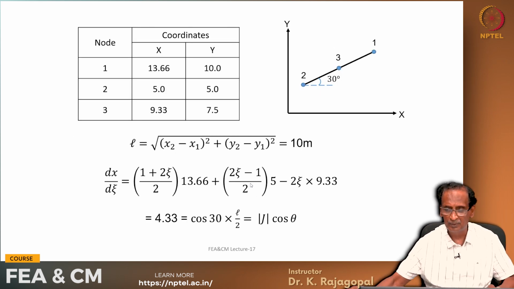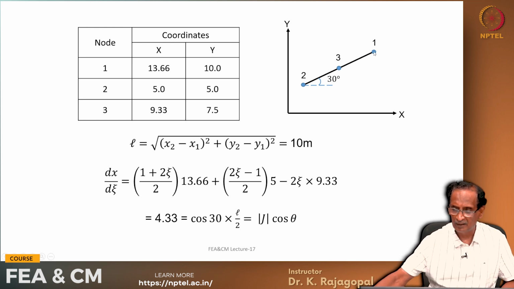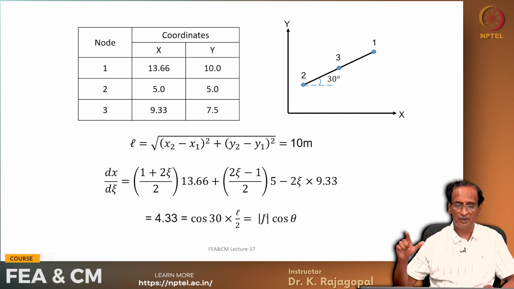And just one small example: let us take an element like this, 1, 2 and 3, at an angle of 30 degrees, with the coordinates defined like this for node 1, node 2 and node 3, and the length is 10 meters. If you calculate ∂x/∂ξ, you get 4.33, that is cosine 30 times L by 2. L by 2 is 5, times cosine 30 is 4.33, and 5 is the mod J, the J, L by 2.